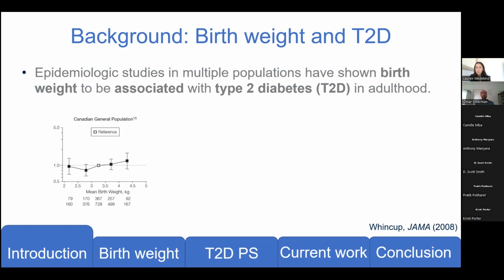I'm bringing up some figures from a pretty big meta-analysis in different study populations that was done before my research. In the Canadian general population, birth weight on the horizontal axis is positively correlated with risk of diabetes.